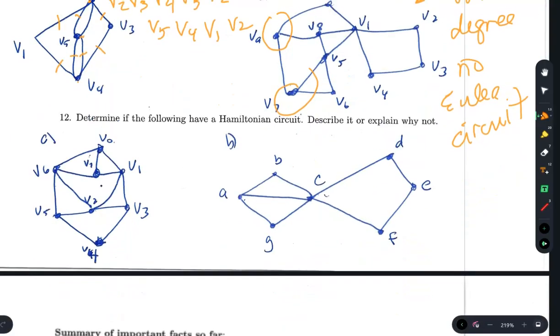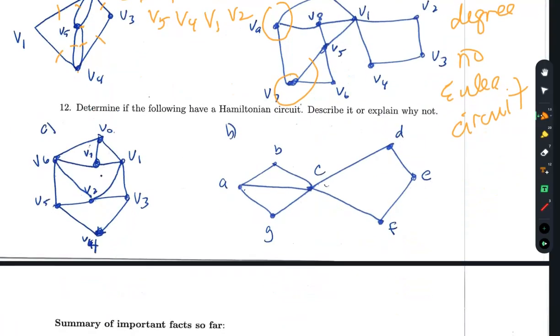Okay, so Hamilton circuit. Hamilton is every vertex exactly once, right? So let's see if we can do this. I'm going to start here at V0. I'm just going to draw this one so I can see.